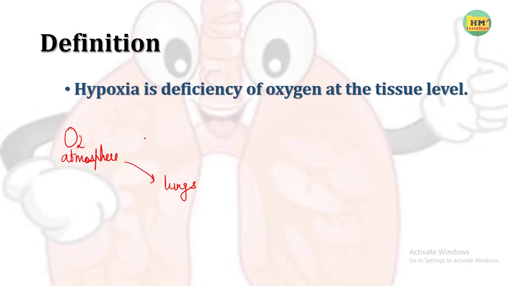Now from the lungs the oxygen diffuses into our blood, and then blood acts as a carrier for the transport of oxygen to each and every tissue in our body. So this is the whole pathway of the oxygen.